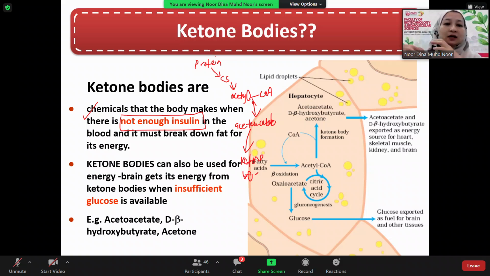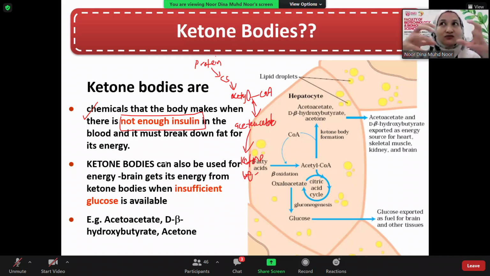Okay, bila ketone bodies digunakan untuk produce the energy, then that's why lah diabetes patient ni dia akan jadi kurus, sebab mostly the ketone bodies akan degrade as the energy other than fat lah, so that's why jadi kurus.